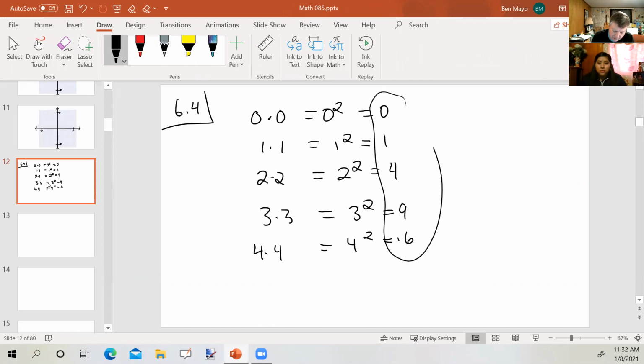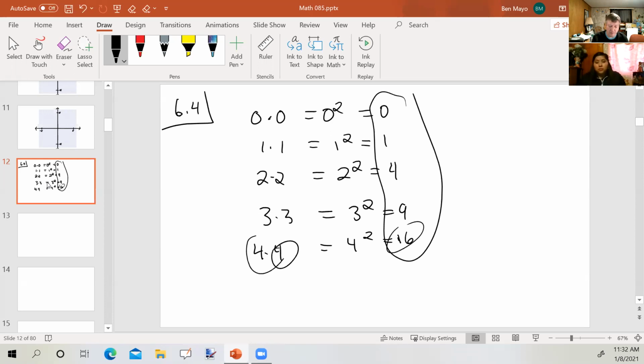Well, these numbers over here, 0, 1, 4, 9, 16, 25, 36, 49, 64, those are all called perfect squares. A perfect square is a number with 2 identical factors.